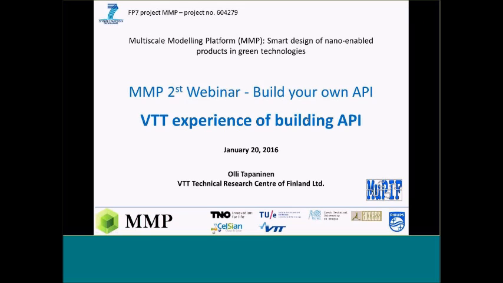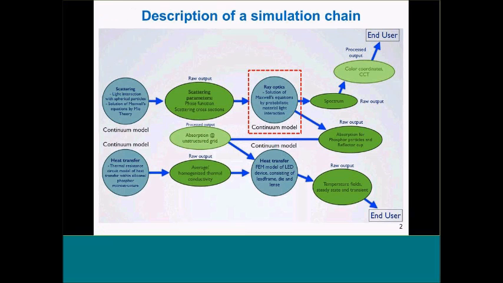So hello everyone. My part is to shortly show you how we implemented one of our APIs for Work Package 2, modeling of LEDs. So let me start with the description of the simulation chain.